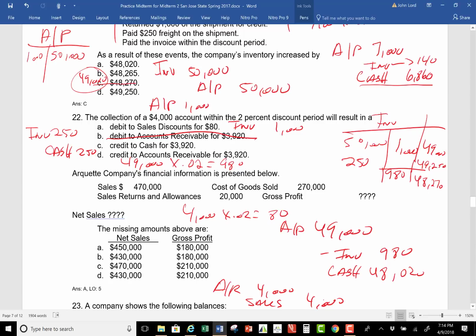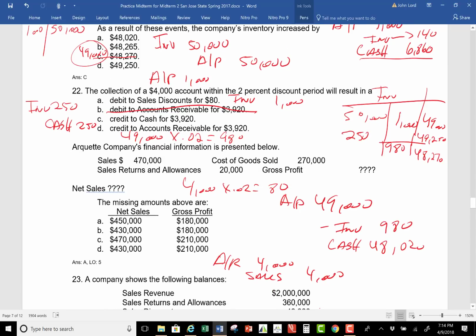And then the customer pays me, but within the 2% discount, so he's going to get an $80 discount, isn't he? So I'm going to credit cash for 4,000 minus 80, which is what? 3,920. 3,920 is the credit to cash.